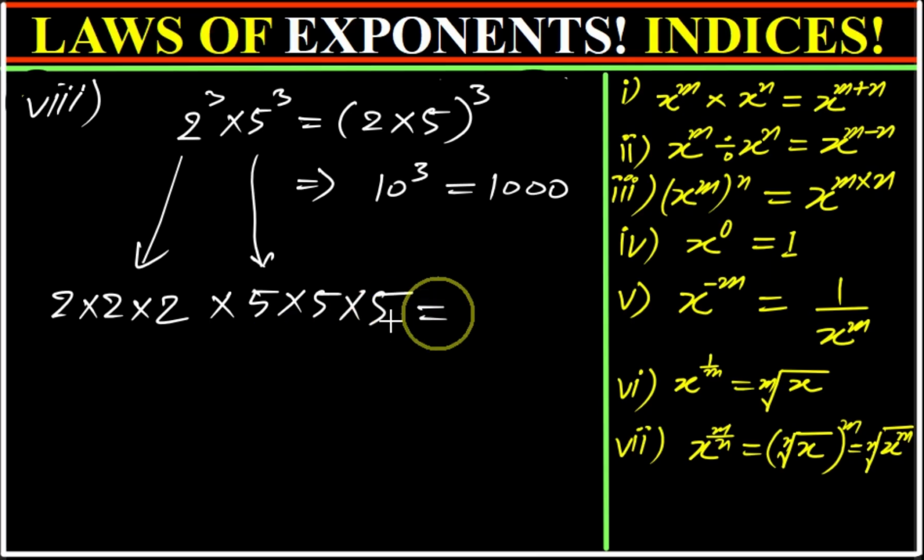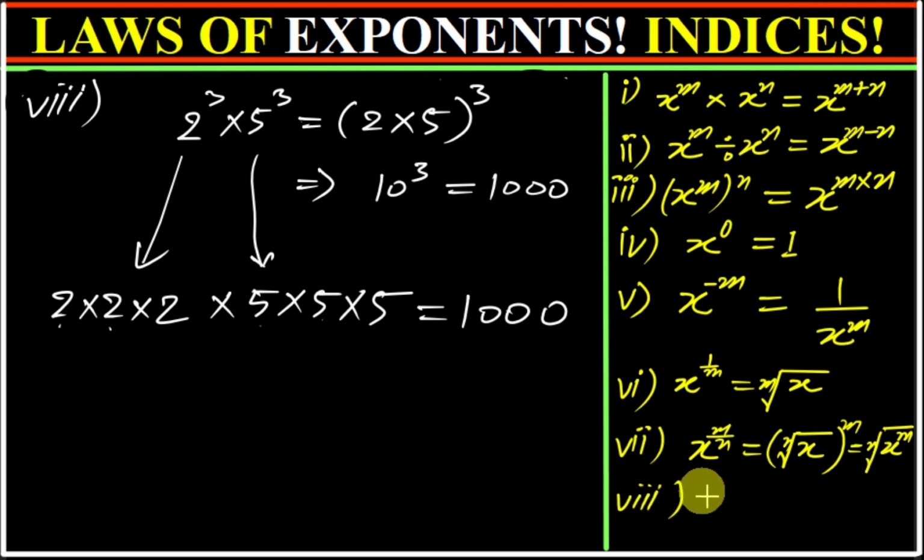If we solve this, you will get the same thing. This 2 and this 5 will be multiplied, it will become 10. And this 2 and this 5 will be multiplied, it will become 10. And this 2 and this 5 will be multiplied and it will become 10. So finally 10 into 10 into 10, so it will be 1000. So this is our eighth law of exponents.